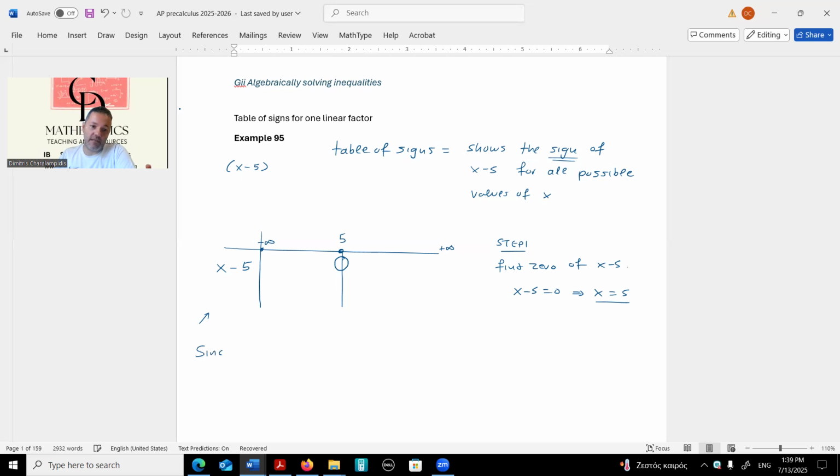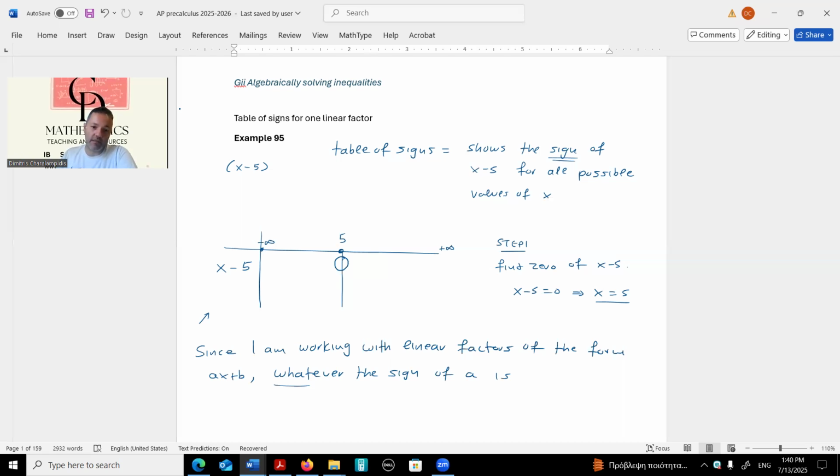Here, there is this tip. Since I am working with linear factors of the form ax plus b, remember that whatever the sign of a is, the same will be the sign at the right of this column.